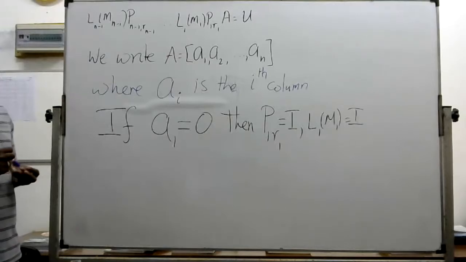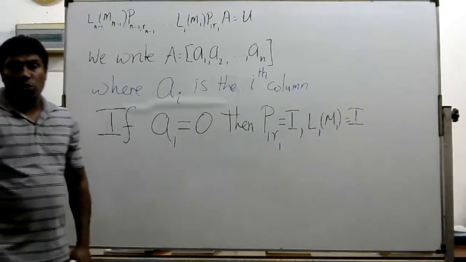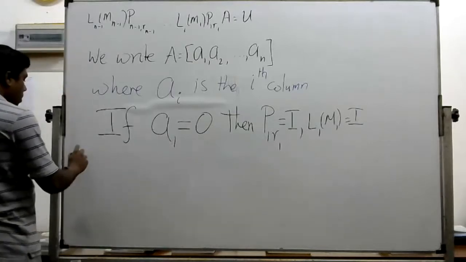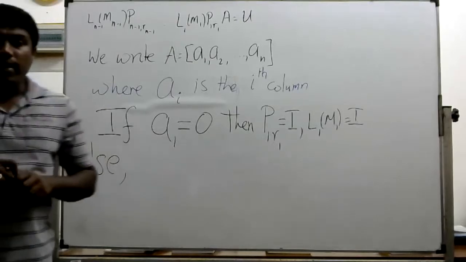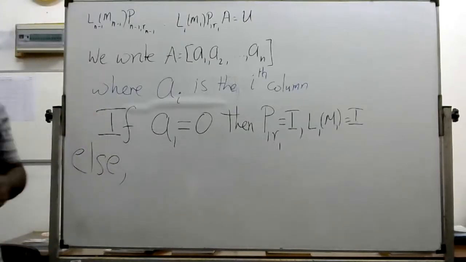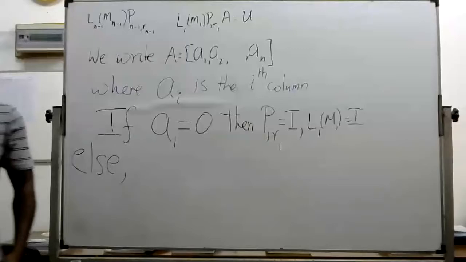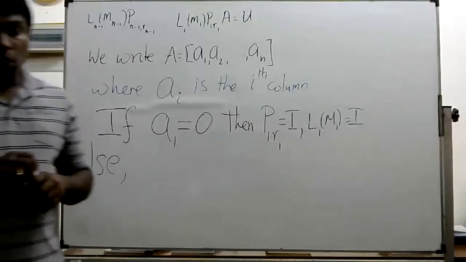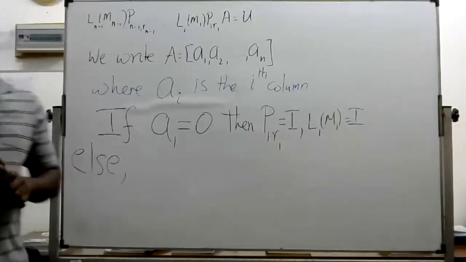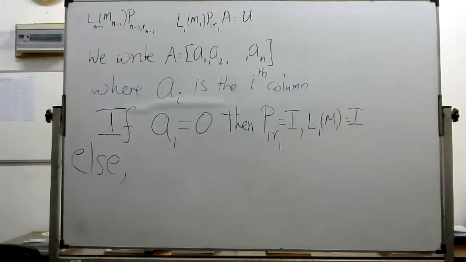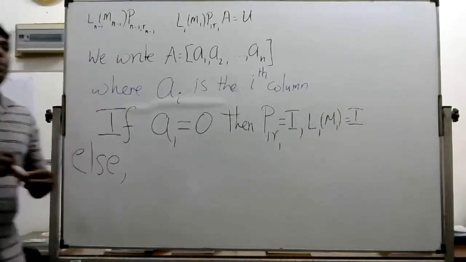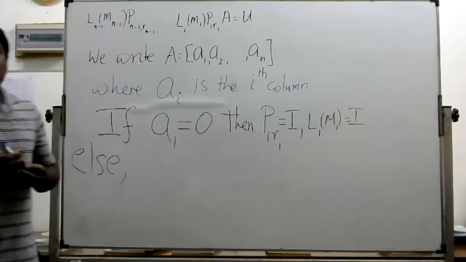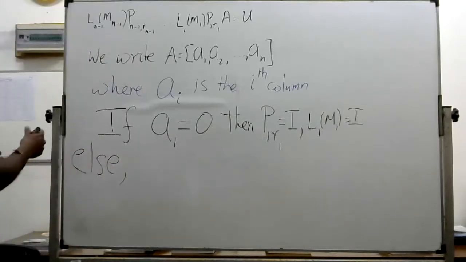Now if that is not true, else if the column is not zero, then you will have at least one non-zero element. You can find that non-zero element, pick it, and multiply by a permutation matrix such that the first component is non-zero, right?